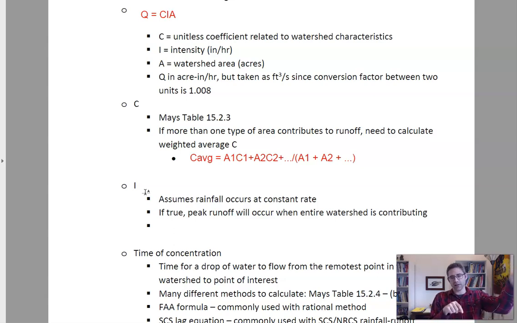The stuff that fell at the furthest point away has not had time to make its way to the drain yet. It takes some amount of time for the water that falls at that farthest point to get to the drain. That time we're going to call the time of concentration.